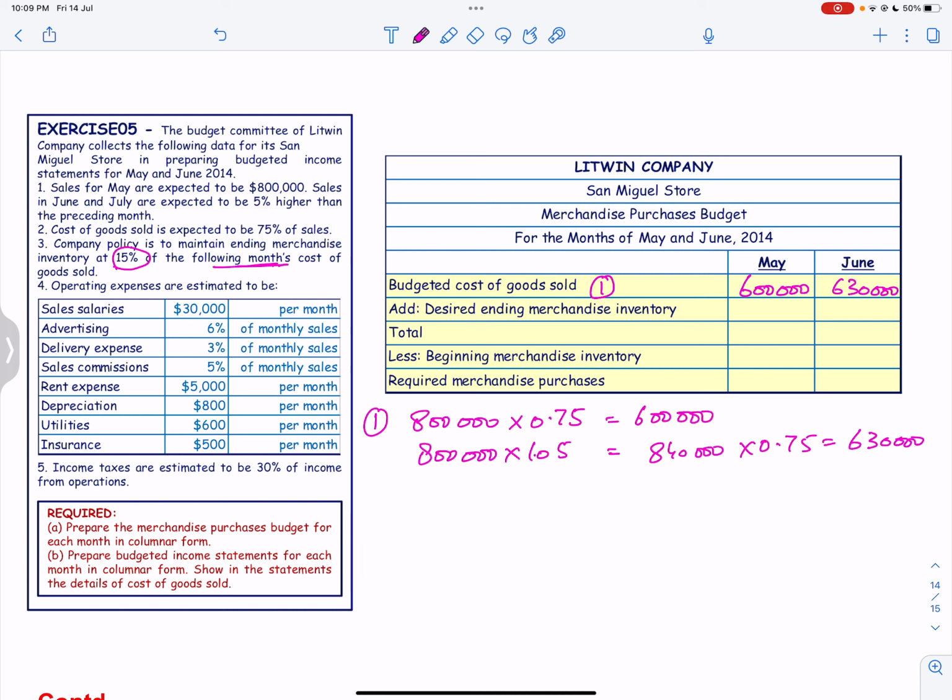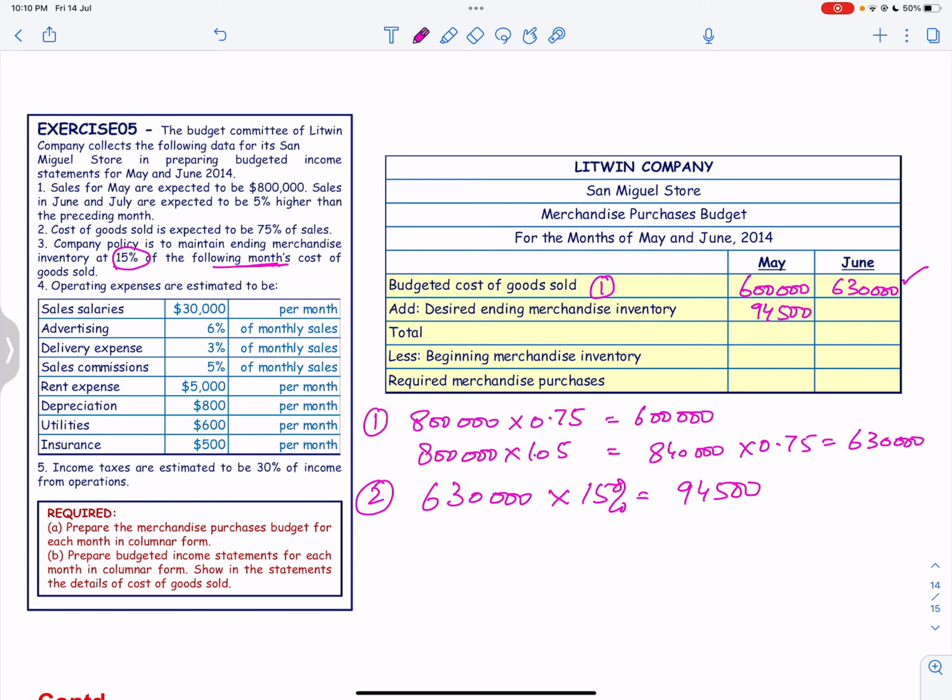Now, cost of goods sold for the following month is 630,000. And we want to maintain 15%, so this will be 94,500. Okay.